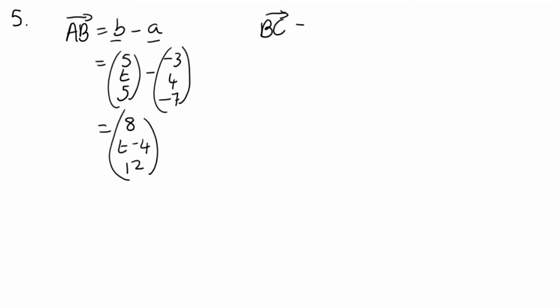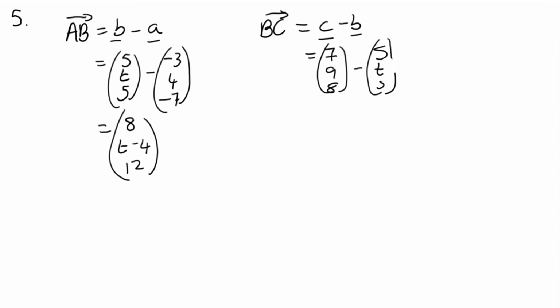Let's do the same for BC. Seven minus 5 is 2. 9 minus t we can't work out. 8 minus 5 is 3.